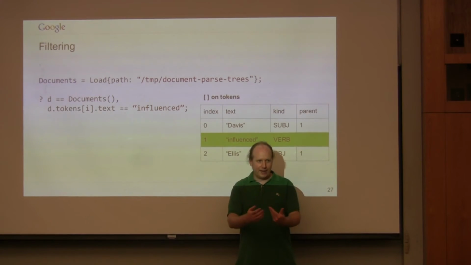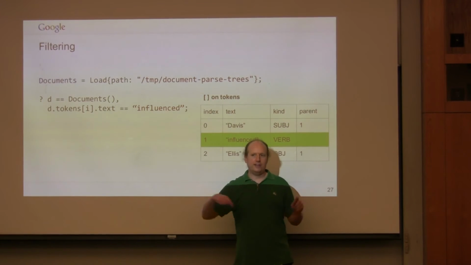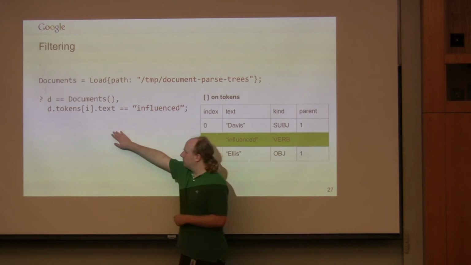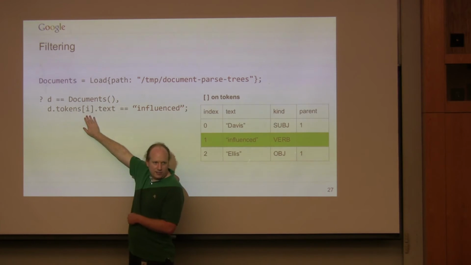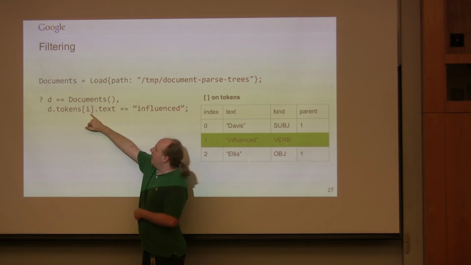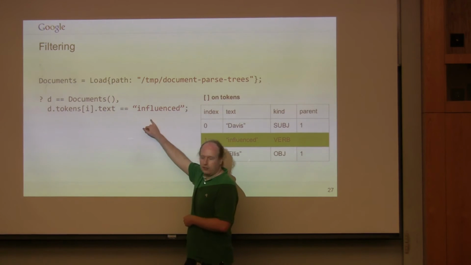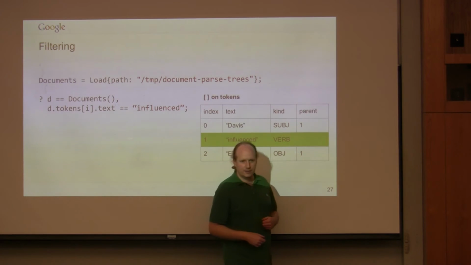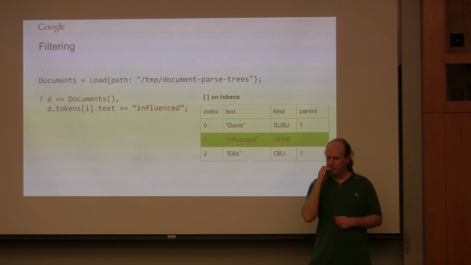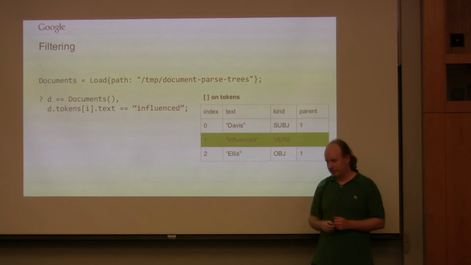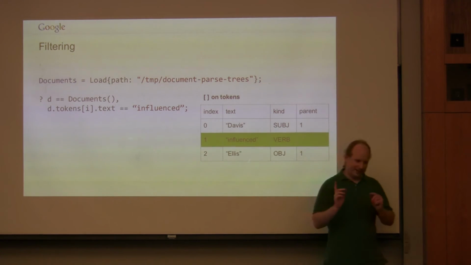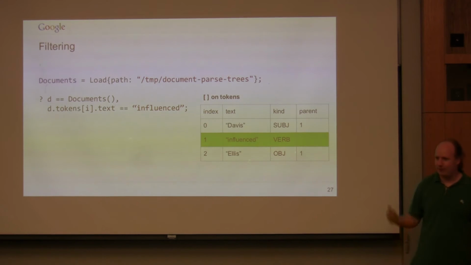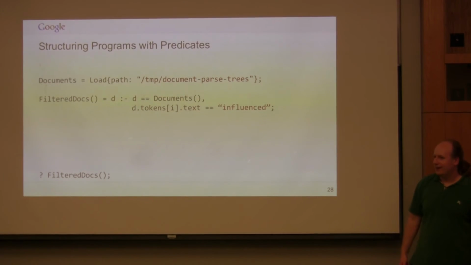This is an array where you get all the indices, and you say which ones you want to keep. You say, I want to keep those indices of the array where I corresponds to the element of the array where the text is influenced. Does that make sense? So it looks like an any here. Yes, so maybe other things like all or five. I'm going to talk a little bit more about these things in a second.